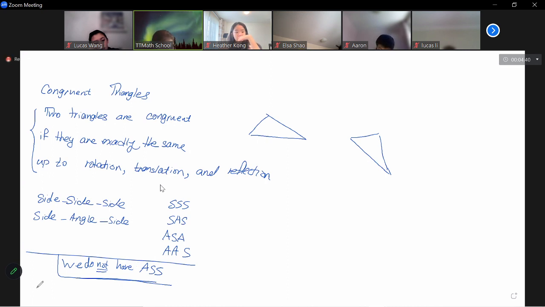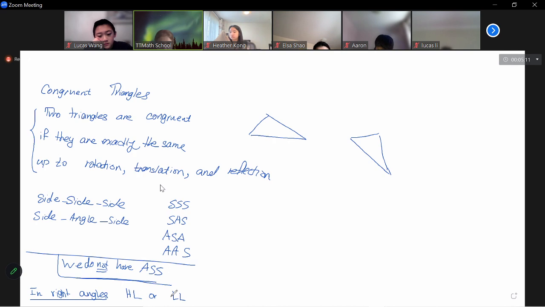Before I give you examples for right triangles, if you have a right angle, then you can just look at hypotenuse leg or leg leg. Basically, it's hypotenuse leg or leg leg.